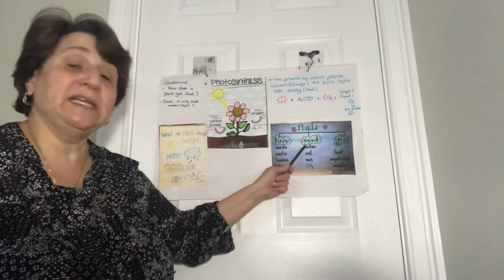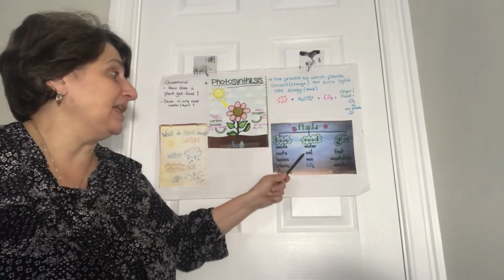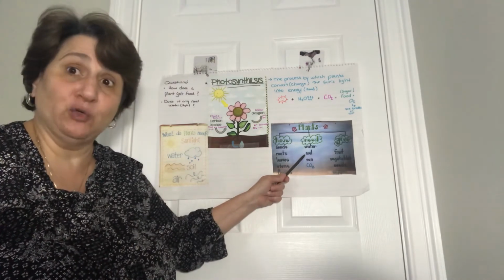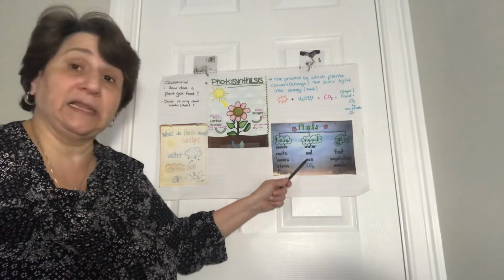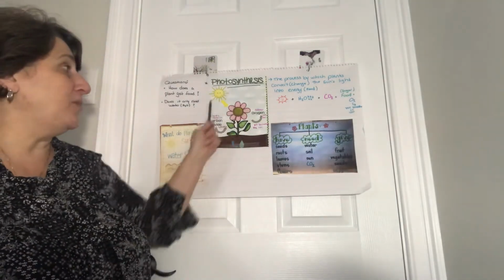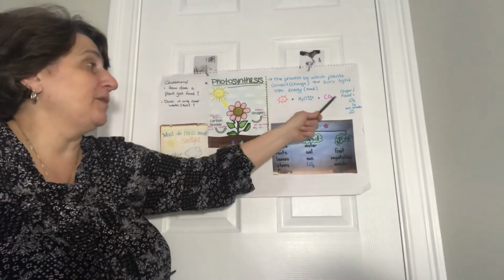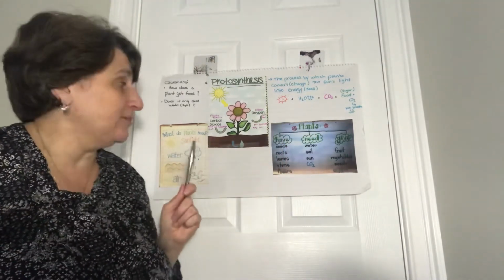What do plants need? Well, to grow, they need water, they need soil, that's where they get the extra nutrients from. They need the sunlight. Remember, the sun is what's going to help them convert the energy and the water and the carbon dioxide into the food they need to keep growing.